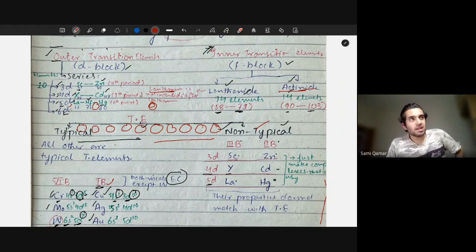I don't think there is anything further. In the F block, there is nothing as crucial. Properties are the same. They make complexes, and they are known as inner transition elements. There is nothing more to discuss, but I would suggest you read the orders of reactivity and everything regarding halogens, because halogens are important, and also study noble gases.